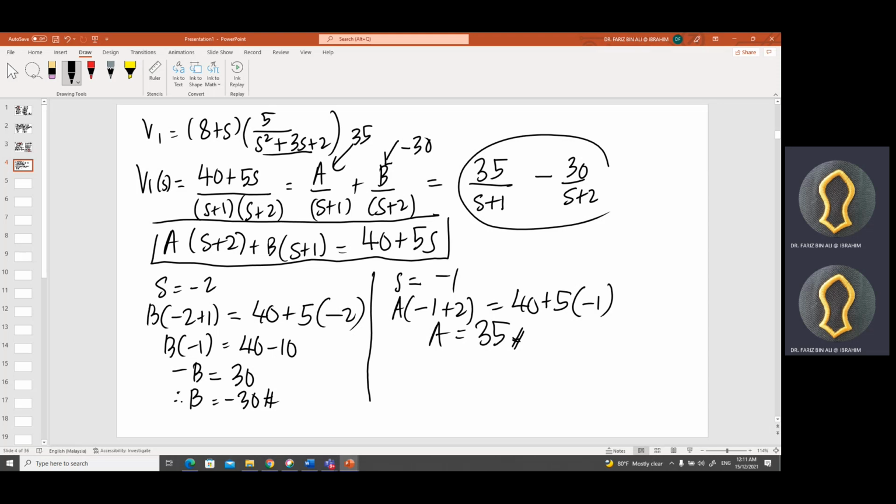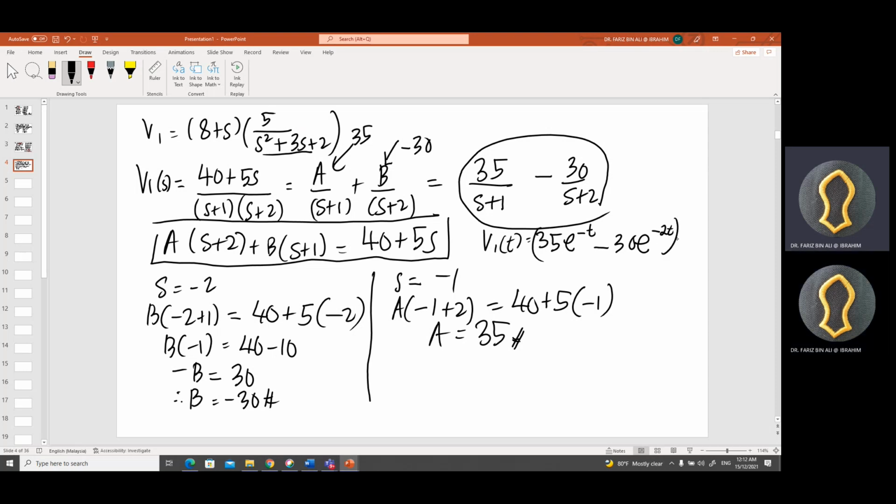And I think this is very familiar, where you can check the table. And this is actually in time domain. So your V1(t) is 35 exponential minus t, because your A is 1, minus 30 exponential minus 2t, u(t) volt.